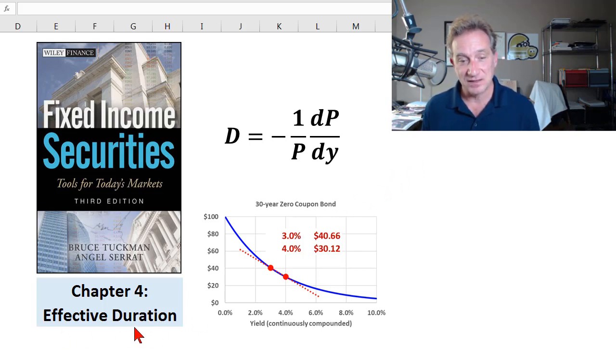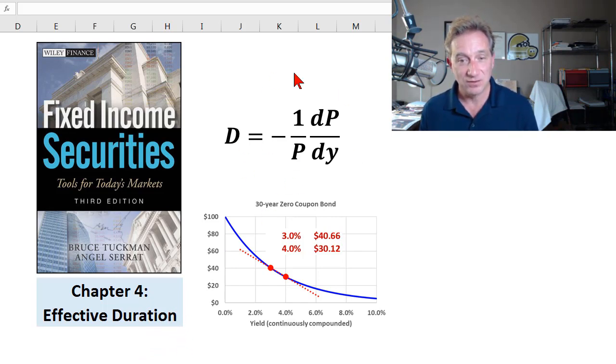I'm going to start with effective duration because effective duration is the one that is robust, that allows us to approximate the modified duration. And so in a way, there's not really a huge difference between effective duration and modified duration. It's really more the approach.